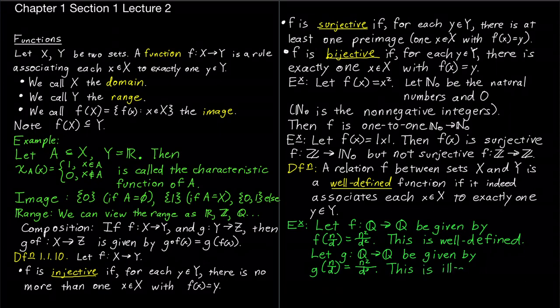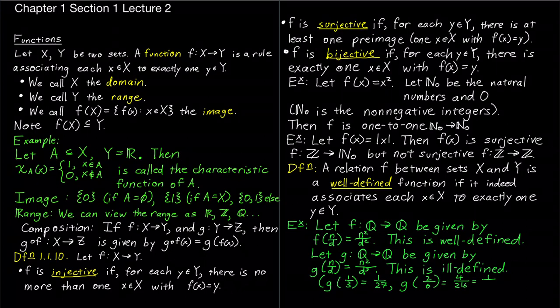This is ill-defined. It is trying to say that g of 1/3 is 1/27th, but g of, let's say, 2/6 is 4/216. That's 1/54. And these really ought to be the same thing for a well-defined function. So that's what we mean by ill-defined and well-defined.